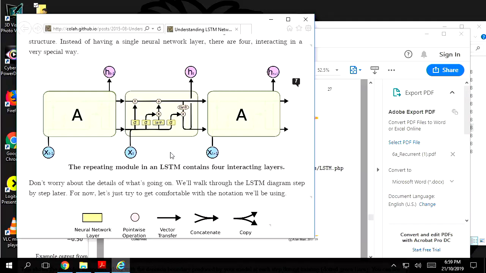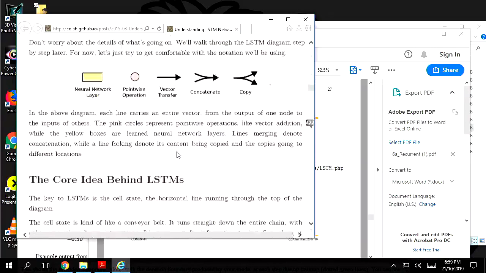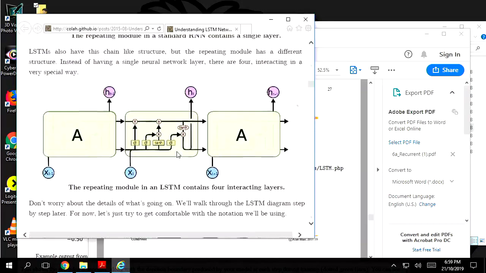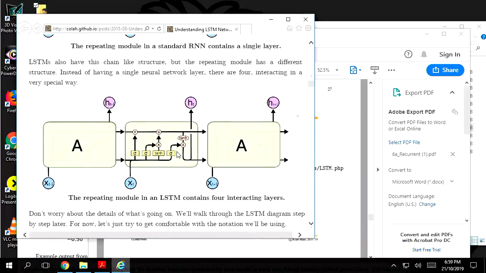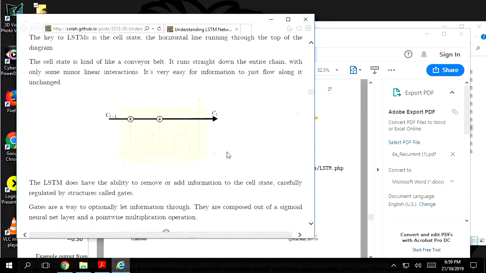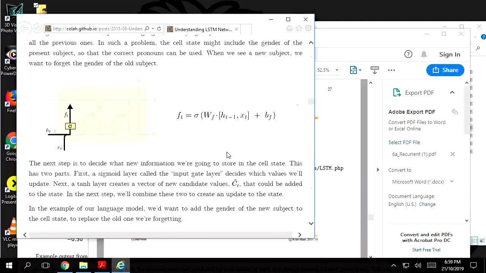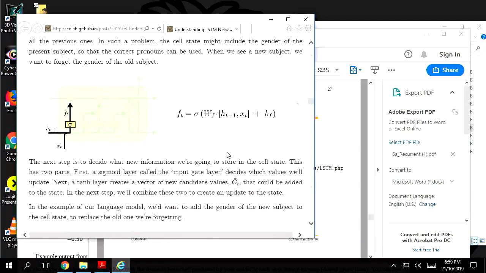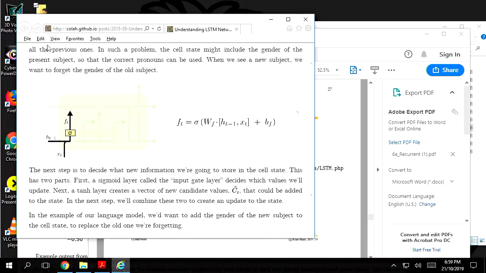Somehow they seem to need these three gates. The gated recurrent network later cut it down to two gates, but some people still think that these three gates are needed. Okay, so let's go through these.